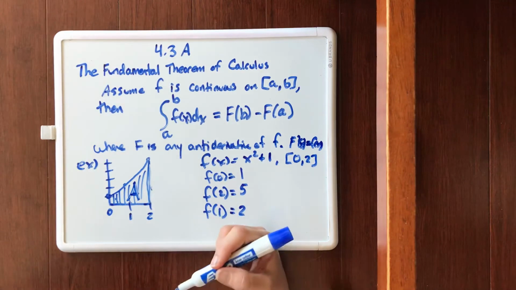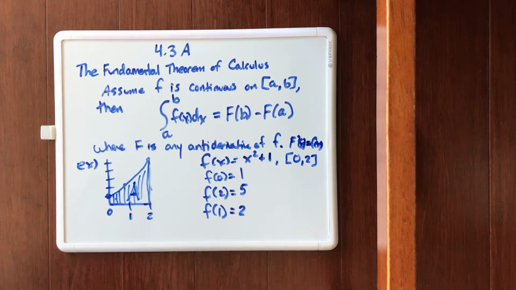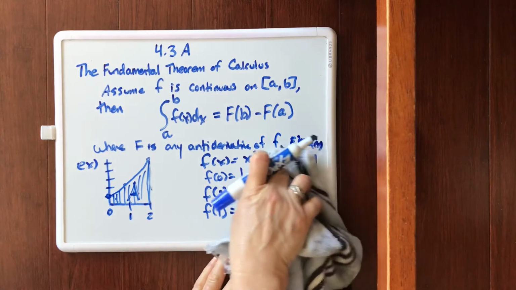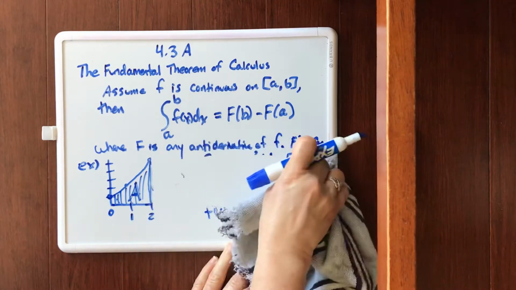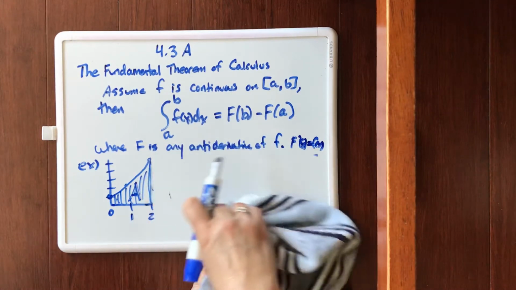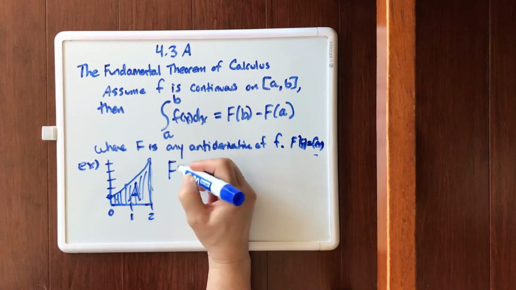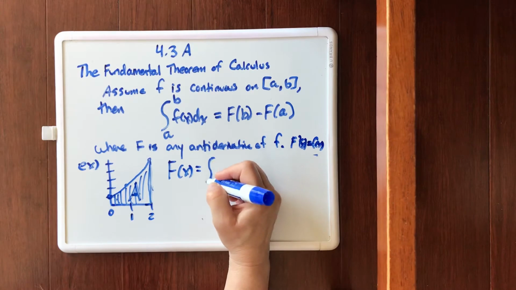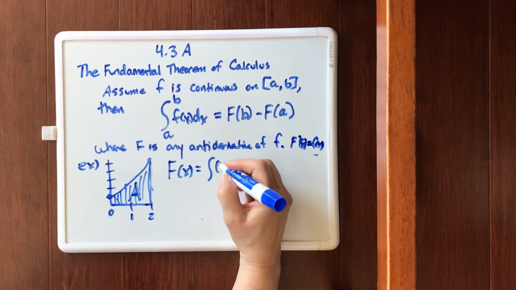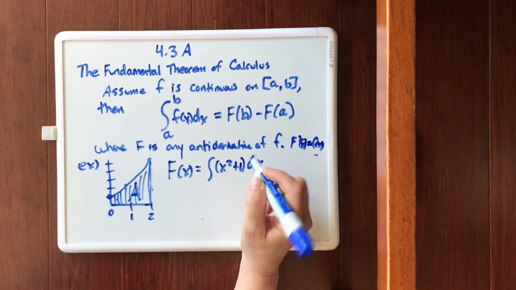Okay, so we're going to use the fundamental theorem of calculus to do that. I'm going to erase this part right here so we can do that now and fit it so you can see it on the graph. Okay, so we're going to say let F of x equal the integral of x squared plus 1 dx.